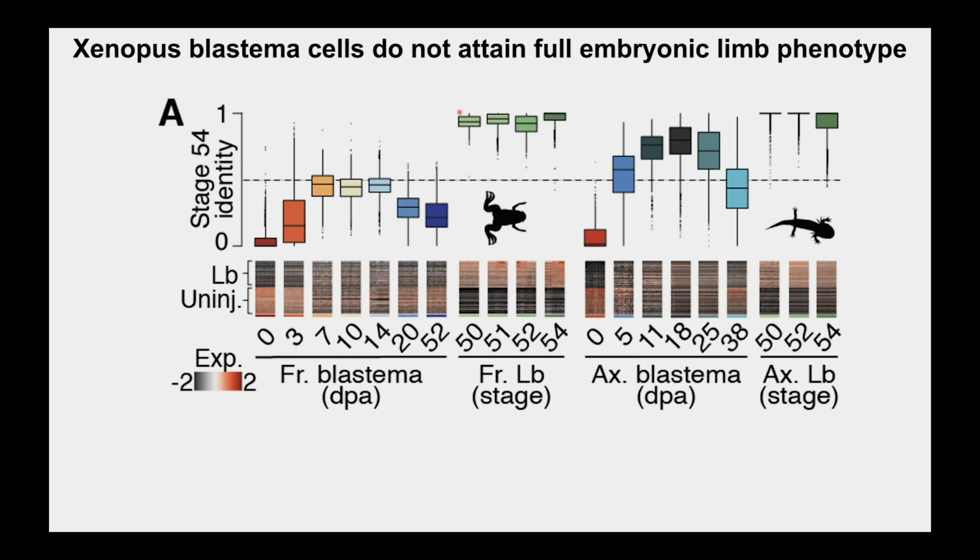Now let's look at the frog data. Again, these are now the frog limb bud cells expressing the frog limb bud gene set. But now when we look at the time course after amputation of the frog cells, we see that they do lose their mature expression to some extent, but they never express a very high proportion of the limb bud genes. Of course, some do, but there's not a very strong expression of the limb bud gene set.